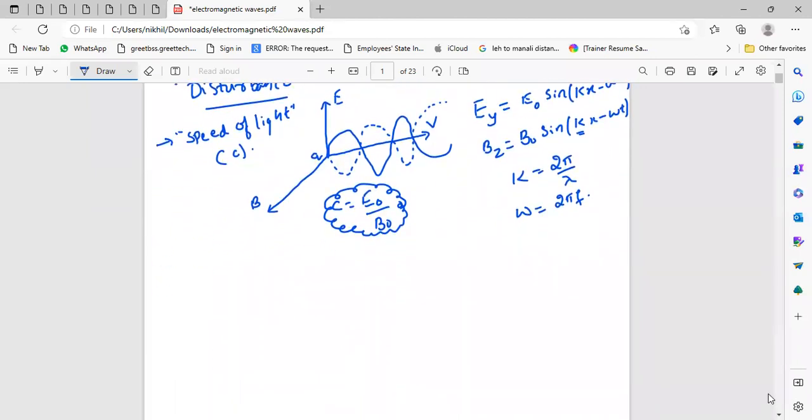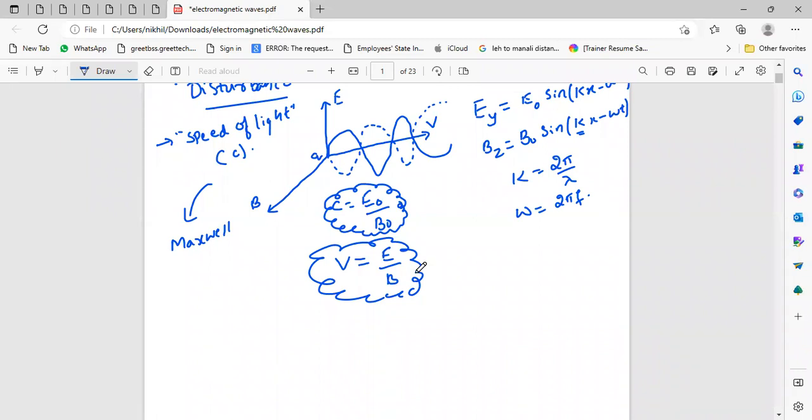Clear? And this electromagnetic wave was explained by the scientist Maxwell. Suppose this is not taking place in an air medium but in a medium other than air, then the velocity is given by the formula E divided by B, which you are familiar with from the previous chapter, magnetic field and magnetism.